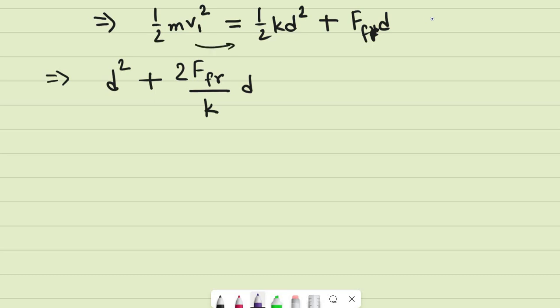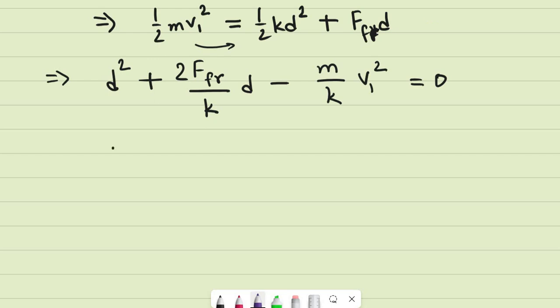Then bring this to the other side, so minus m divided by k times v1 squared. And this whole expression is equal to 0, so in terms of d, this is a quadratic equation.